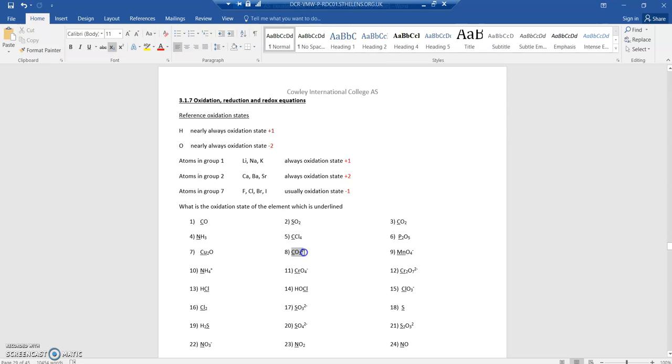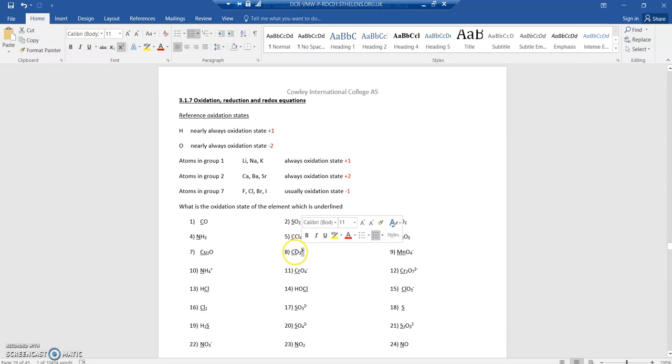This one here, CO3 2 minus. Well, we know oxygen is minus 2, and there are 3 oxygens. Minus 2, minus 2, minus 2, 3 of them is minus 6. So these 3 oxygens are in minus 6 oxidation state altogether. But there's 2 minuses left over.